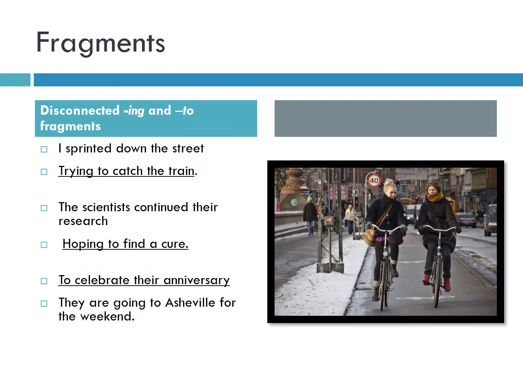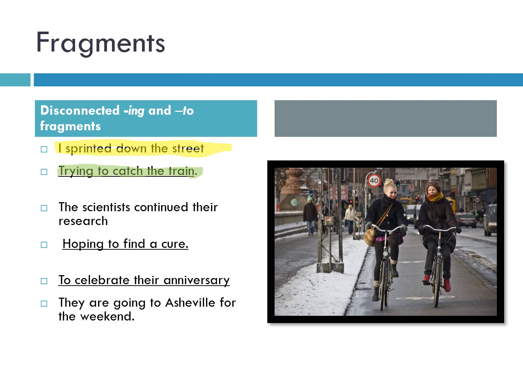Here are more disconnected fragments with ing and to. Often people will write, I sprinted down the street, with a period, which is fine. I sprinted down the street is an independent clause. It is a sentence. Trying to catch the train is not.